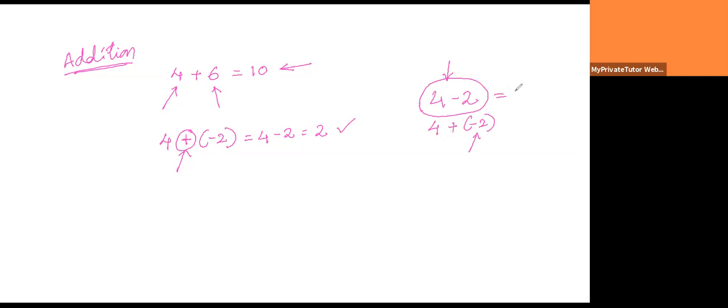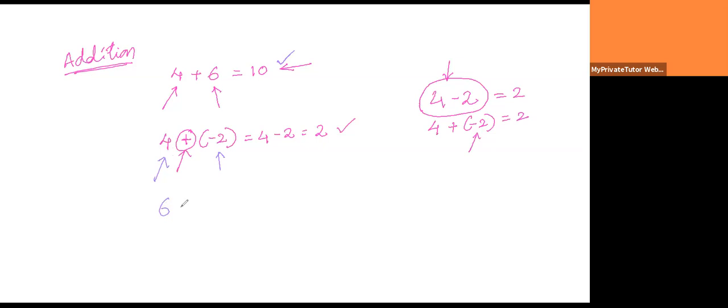Both are the same, because we'll get the same answer. If we are adding positive numbers, we already learned what the answer is. But addition of one positive number and one negative number, in that case, we are actually subtracting.